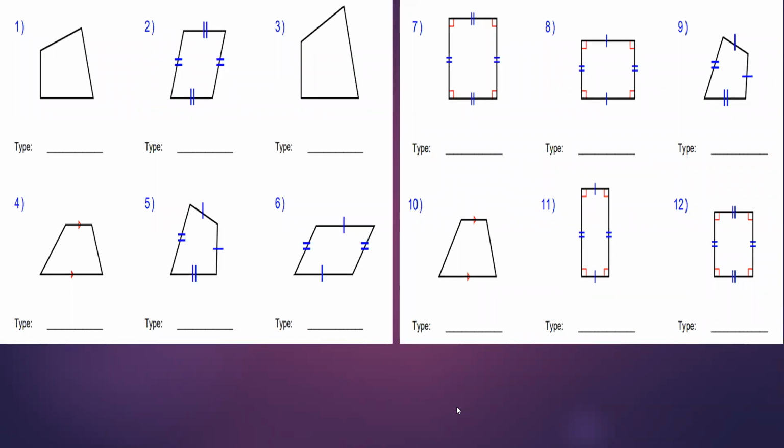Kamaya, what number you on? Kamaya Ferguson? I couldn't hear from her for a while. And Kamaya, where's she?